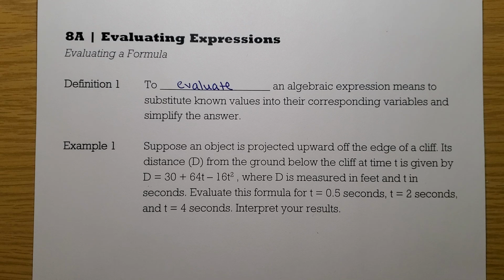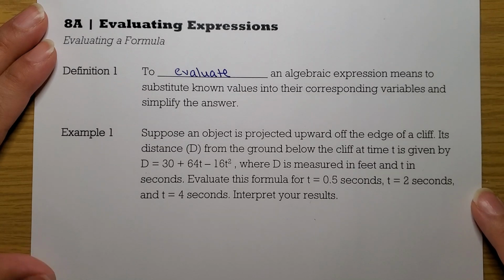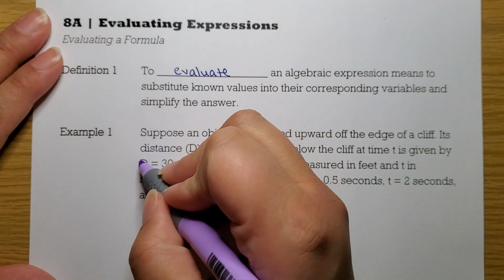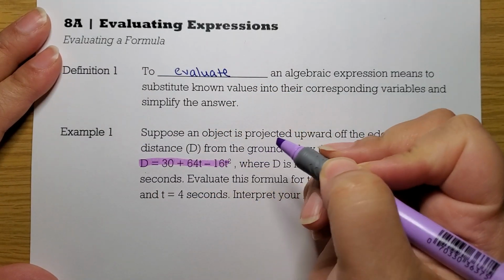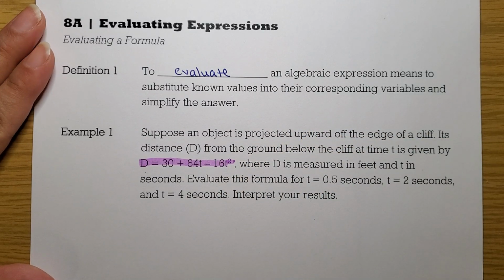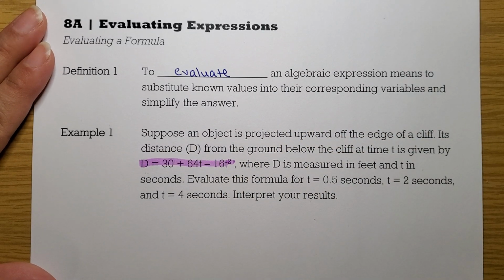Okay, so I've done my first read through the paragraph, and now I'm going to highlight the information that's jumping out at me. So the first thing that jumped out at me actually was that we had this formula. So I'm going to highlight that formula because we're probably going to want to use that. And then I noticed that there were two variables given to us, the distance d and the time t.